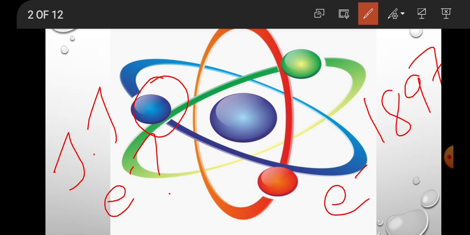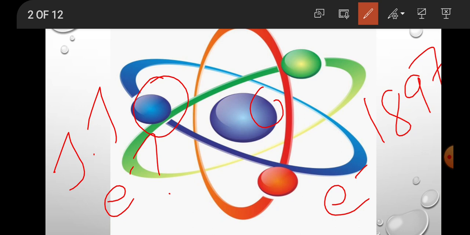This was a tricky thing to do, because you can't just take an atom and pull out an electron and measure its charge. So Millikan and Fletcher had to use a really clever technique.